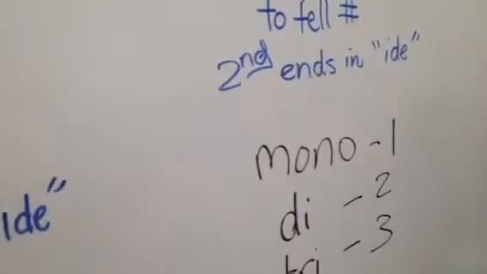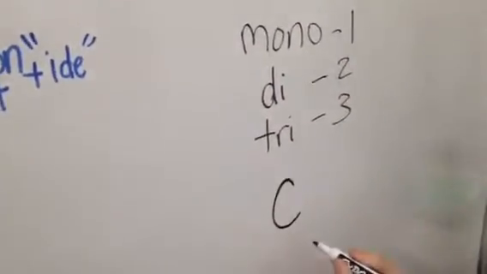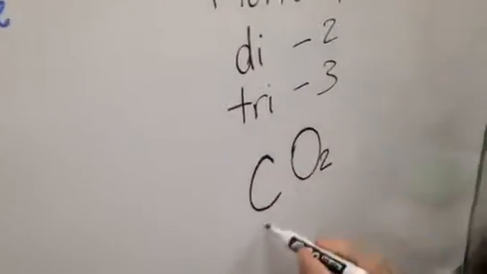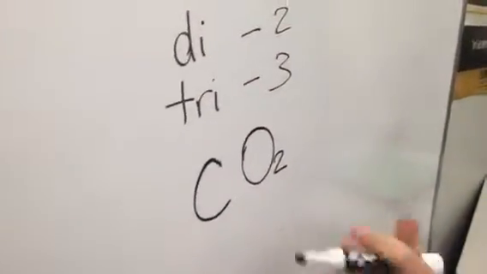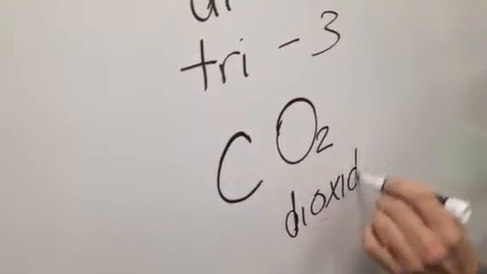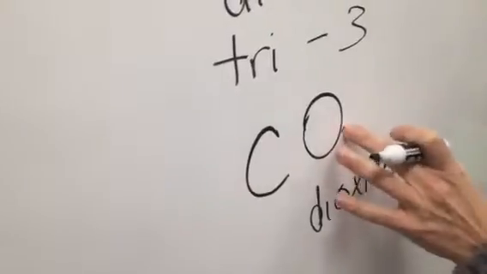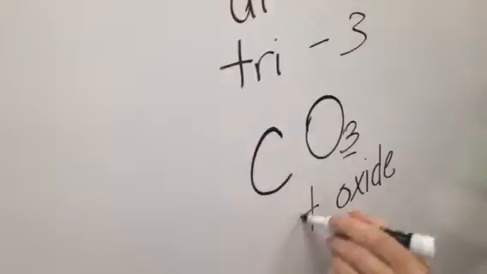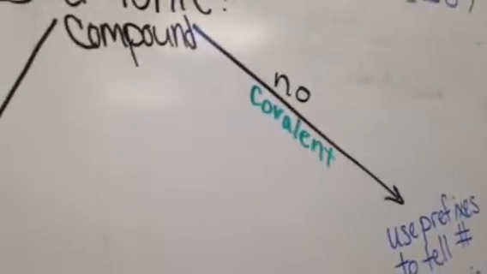So the first one, if it's carbon dioxide, you don't have to say monocarbon for the first one, you just say carbon. But this one, the reason it's dioxide is because there's two of them. Okay. And if there was such a thing as CO3, then it would be trioxide.